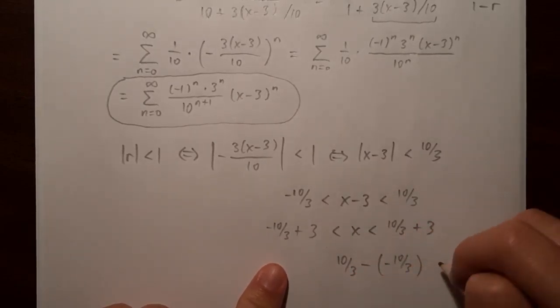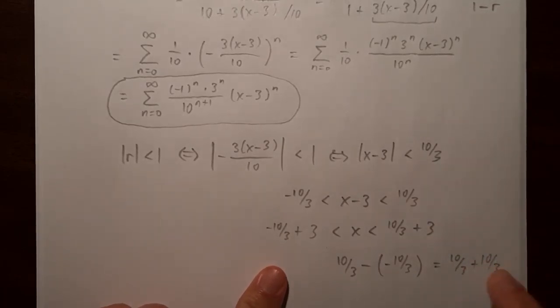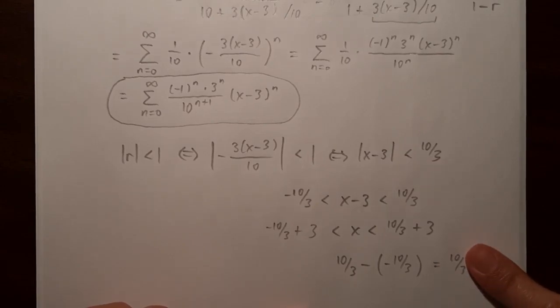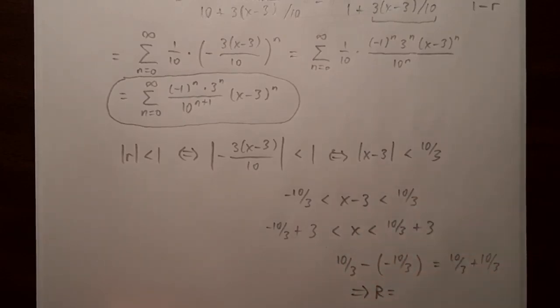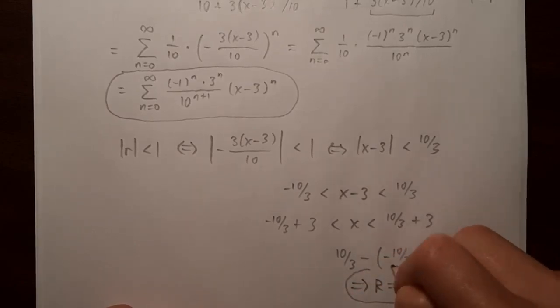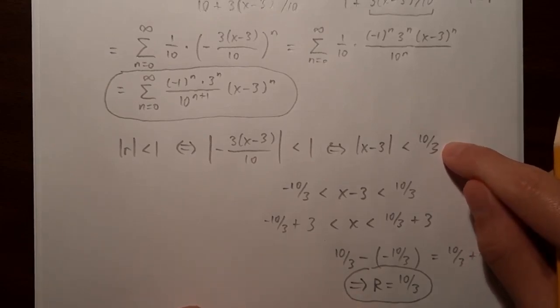So I'm going to wind up having 2 copies of 10 over 3. But to get the radius, I divide by 2. So really, this is just 2 times 10 over 3, and then I divide by 2. So really, I just get 10 over 3. So indeed, the radius of convergence is going to be 10 over 3. Matching up with that.